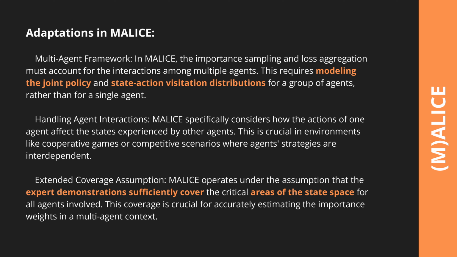This is crucial in environments like cooperative games, or if you go for a competitive scenario, where the agent strategies are interdependent. Real important fact: MALICE operates under the assumption that the expert demonstration, the policy, sufficiently covers all the critical areas of the state space for all agents involved. This coverage is crucial for accurately estimating the importance weights in a multi-agent context.